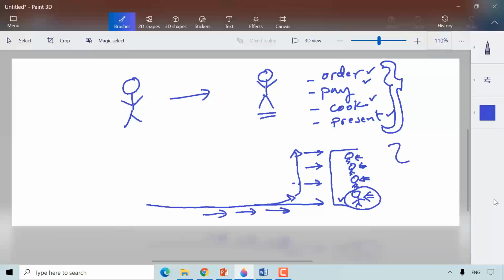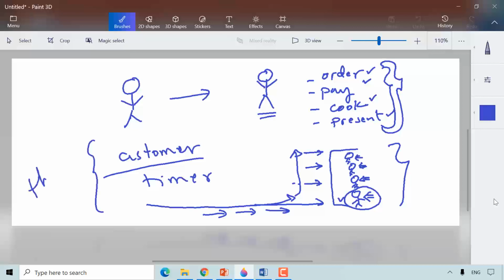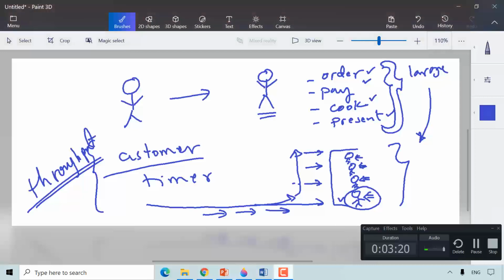So the customers per time has improved, and this is what we call the throughput of my process, which has increased, because I broke the large task into smaller tasks that someone can handle.